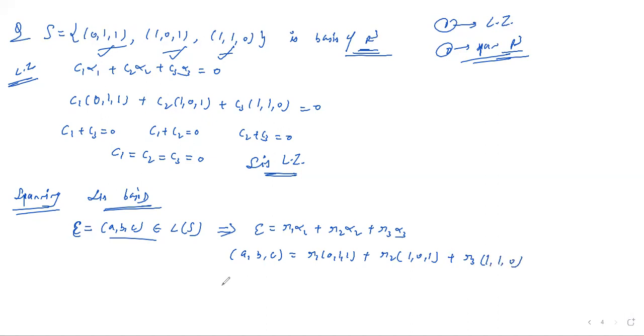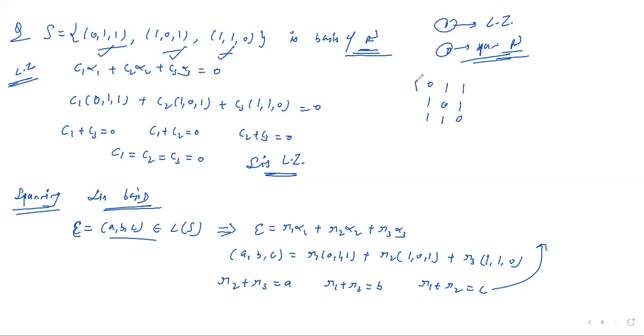Now the corresponding equations are R2 plus R3 equals a, R1 plus R3 equals b, and R1 plus R2 equals c. Now let's form these equations into a matrix, like this: (0 1 1), (1 0 1), (1 1 0).